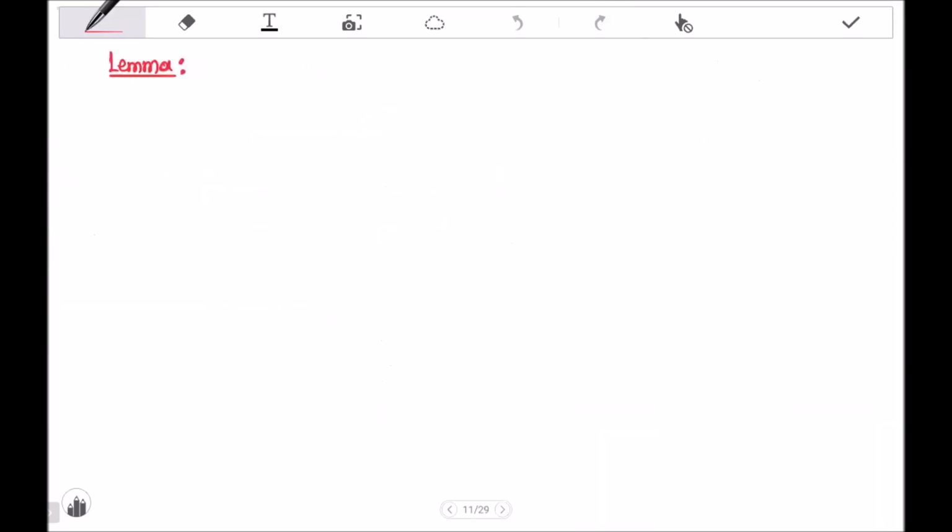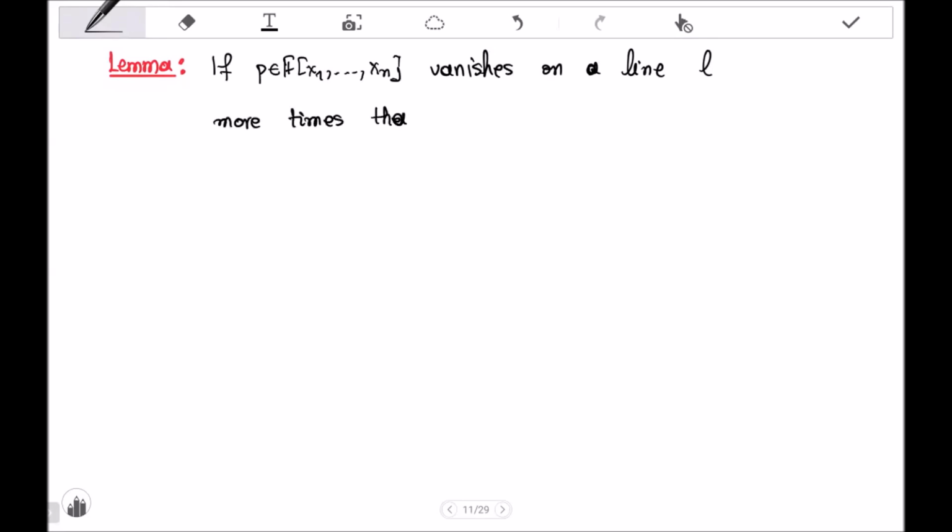I'll return to this picture, but the most basic lemma here, which actually goes a long way, is that if a polynomial in n variables vanishes on a line L more times than its degree, then it vanishes along the whole line.